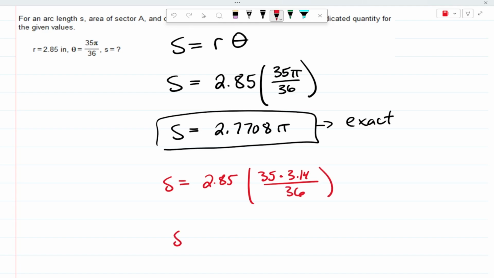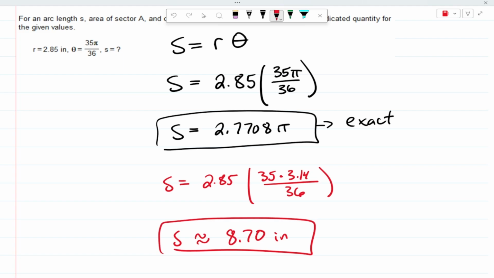And then from here, we would just go ahead and do our multiplication, and we'd end up with approximately, let me use that notation, approximately 8.70 inches. And then, I forgot to write the units up here. This would be 2.7708 pi inches. And there is the difference there between the exact answer and the approximate answer.